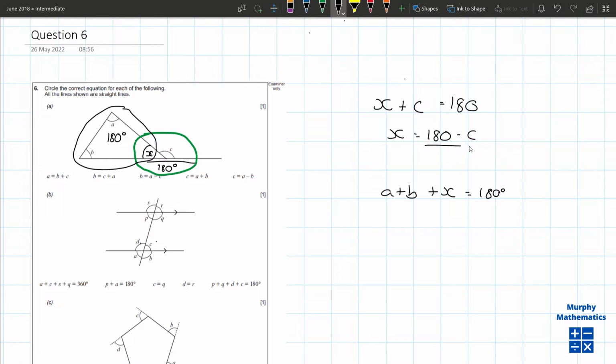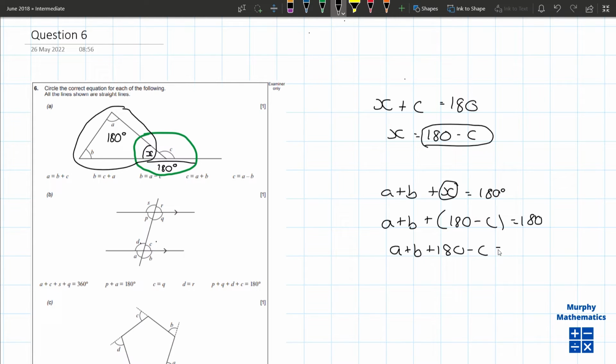And I'll sub in this for X, because I said X equals 180 minus C. So I'm going to have A plus B plus 180 minus C equals 180 degrees.